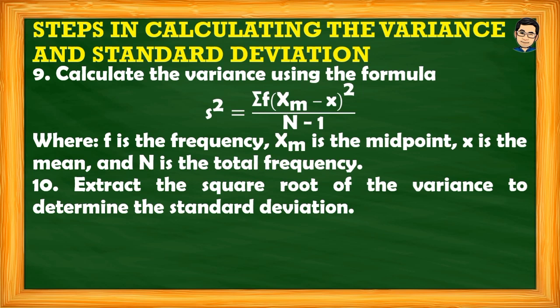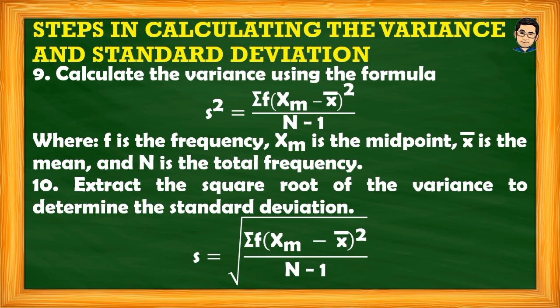Madali na lang po yun. So, by the way, dun sa formula, F is the frequency, X sub M is the midpoint, X is the mean, and N is the total frequency. So, ito naman po ang formula for standard deviation. Yung mismong square root ng variance. Okay.